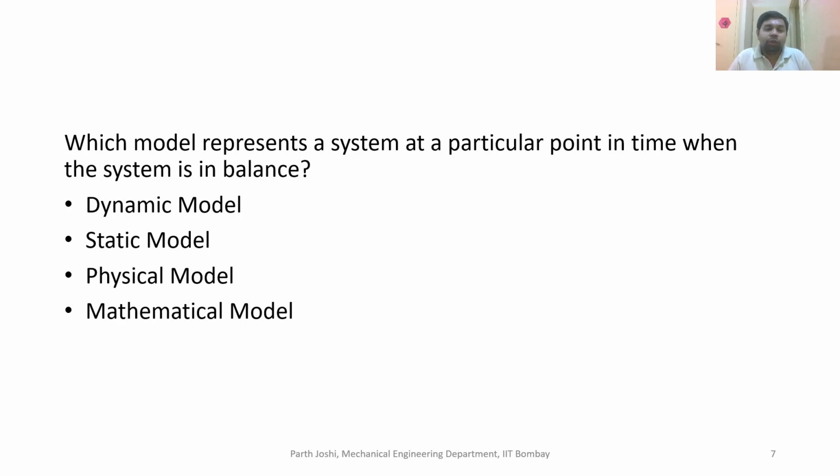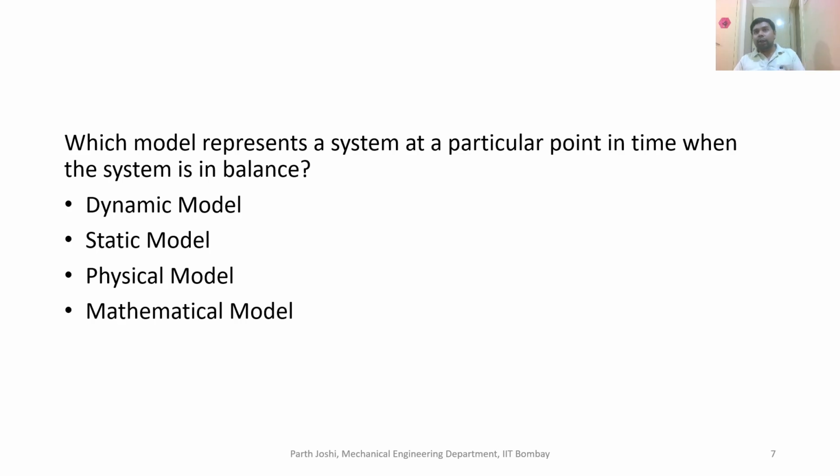What we call static is when there is a system which has several forces acting on it, but the system is in equilibrium. For example, you hang a mass from the roof with a spring and allow it to stretch by some extent, but after some time it will settle down to a certain position, so it's in equilibrium. There are forces like the weight and the spring force acting, but they are in balance, so that's called the static condition. A static model represents the system at a point when it is in balance.